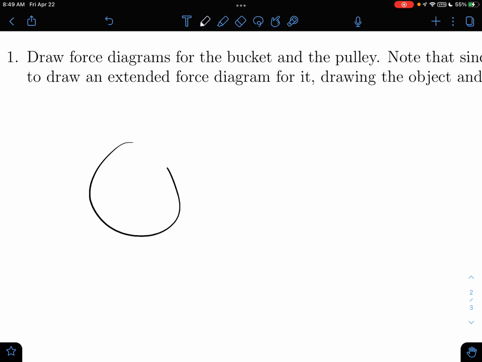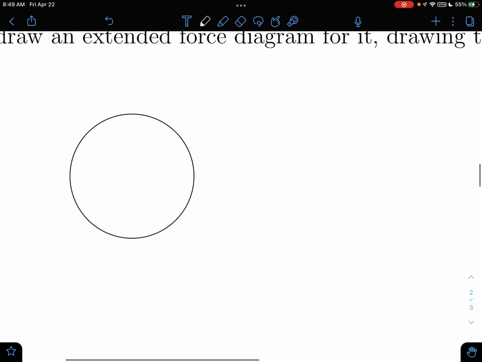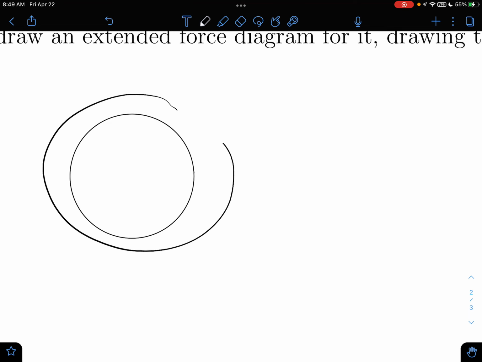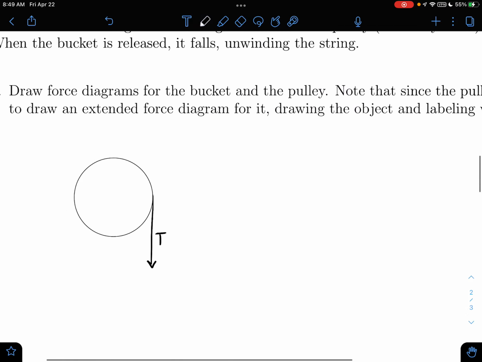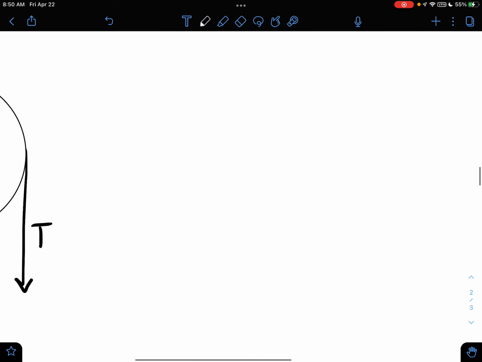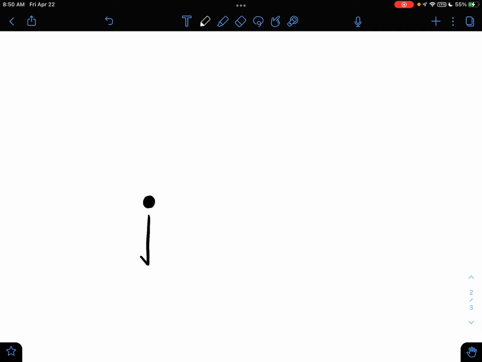So we have our pulley. Pulley is the thing that's rotating, so we get to draw an extended force diagram. So we have, right, if the string is wound around it, our tension from that string pulling like that. And then my bucket, this one isn't rotating, we don't have to draw an extended force diagram, just a regular one, back to our basics, right?